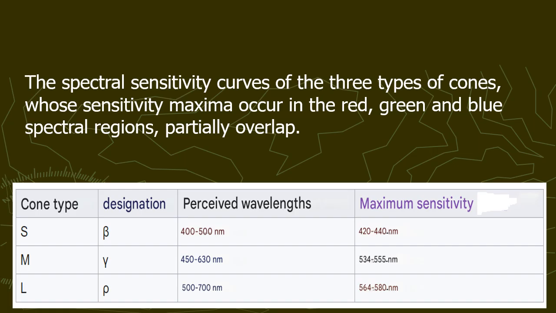In addition, there is also the possibility of increasing the amount of decomposable pigment in the rods. Well, this process is quite long, that is, maximum adaptation can take up to about an hour. First there is an increase in the amount of pigment for the first 30 minutes.